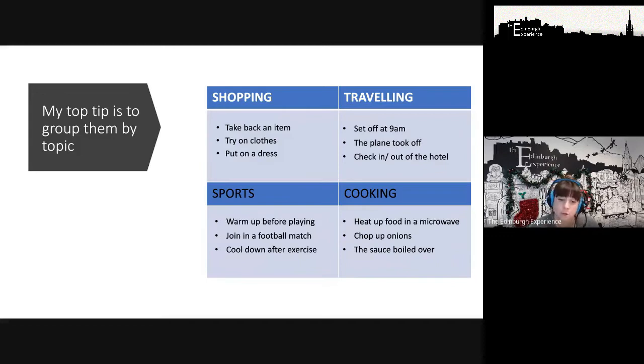So because you've grouped these by topic, you've already got a clearer idea of the context that you're looking at the verbs in, and that makes it easier for you to remember them and to understand them, okay? Create a logic for them, yeah? This is another really important thing that we need to do, guys, that people quite often make mistakes with.